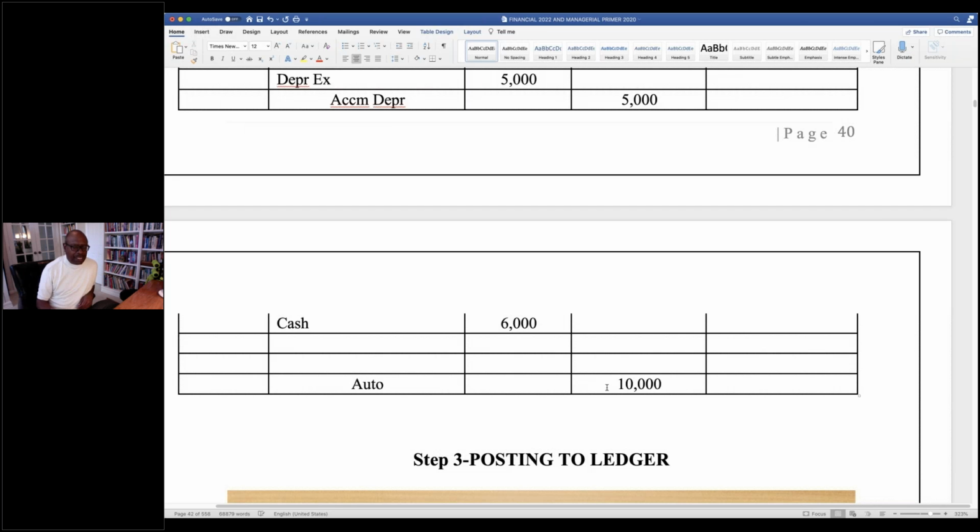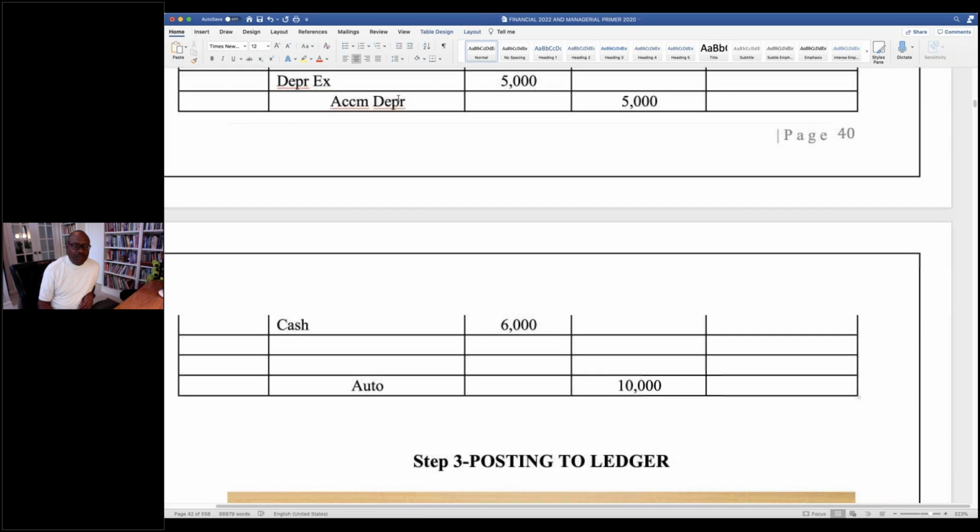Is this equation balanced? No, we've got to account for depreciation. So we took depreciation of $5,000. It's got a credit balance, so we debit accumulated depreciation for the $5,000. We're still not balanced, Kayla.